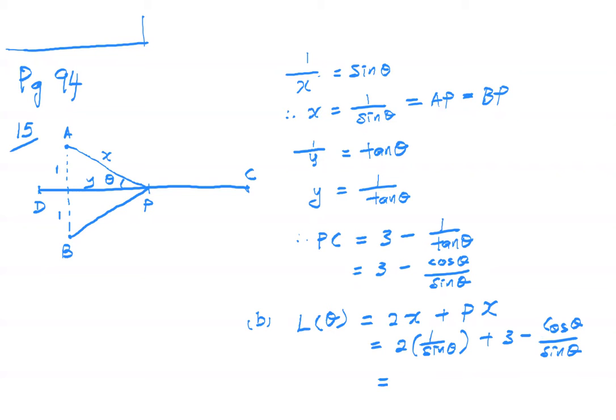So then 3 plus, here is a 2, here is a cos theta over sin theta. Done now? You get what I mean? Then after that, you differentiate, you got the answer? You get what I mean?